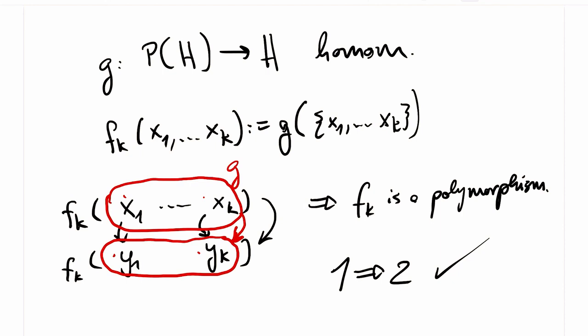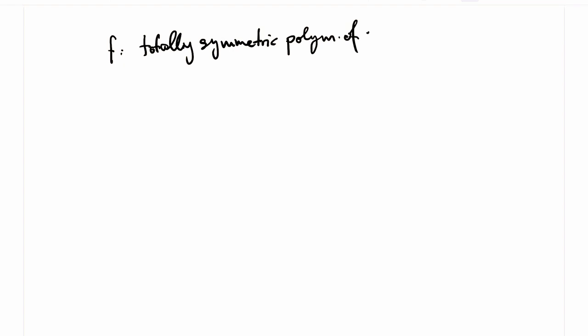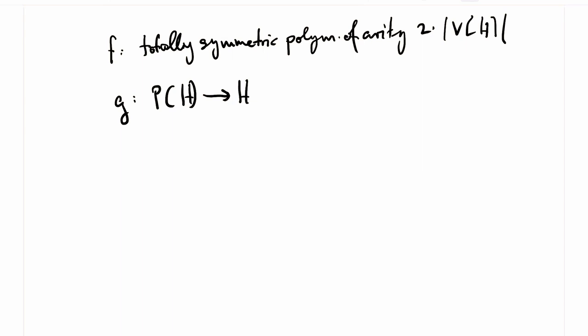So we are left with 3 implies 1. So in this direction, we are given a totally symmetric polymorphism of arity 2 times the number of vertices of H. And we have to find a homomorphism from the power set graph of H to H. How do we do it?